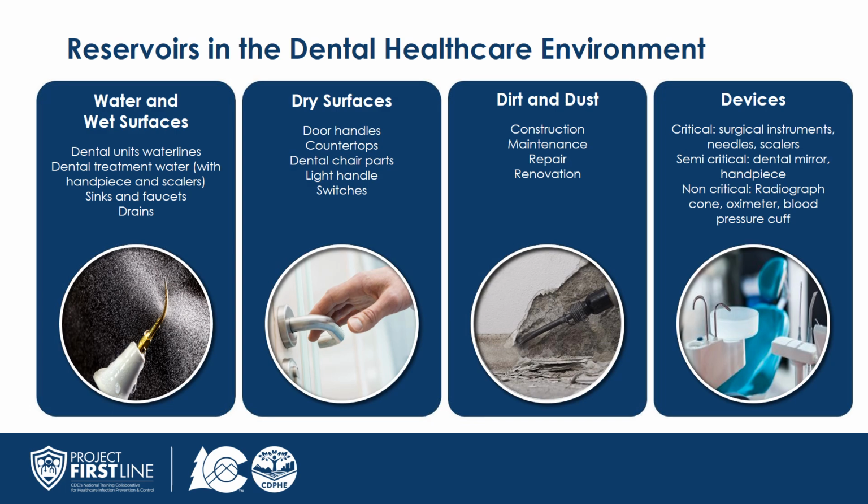The third environment reservoir is dirt and dust that can be found in a dental setting with any construction or repair. And lastly, devices, with many examples since dentistry is a very instrument and equipment dependent care.